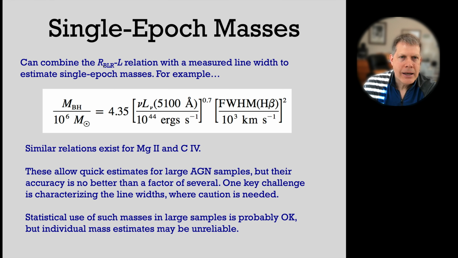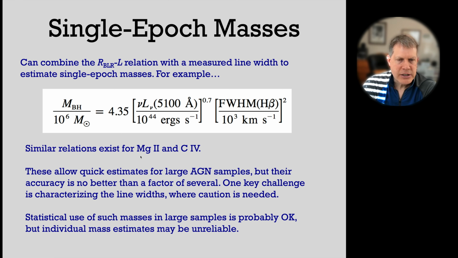What they do is they combine the radius of the broad line region luminosity relation, which says that once you measure the luminosity, you can predict what the radius will be, and you can combine that with a measured line width to estimate a single epoch mass, where you don't have to reverberation map the object. You just measure the luminosity, which apparently tells you this. You measure the line width, and you have a little equation that lets you spit out what the black hole mass should be. Okay, this is the equation here, again, for H beta.